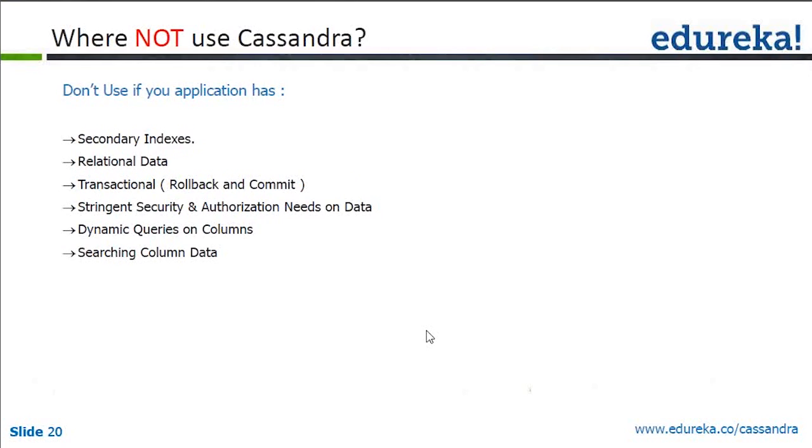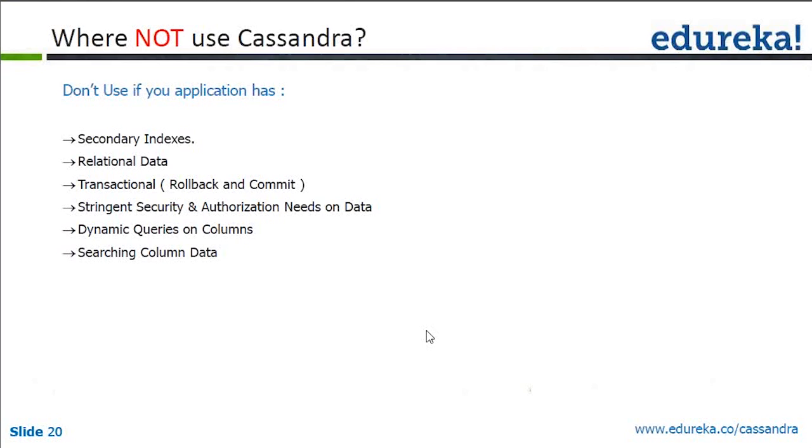Don't use Cassandra if your application requires secondary indexes. Number two, relational data. Cassandra mainly supports non-relational, semi-structured, unstructured data. It is not for relational data. And if your application is expecting transactions, that means you might do some operation and, if you feel it is not ready, you might want to roll back, these databases do not support the transaction model.